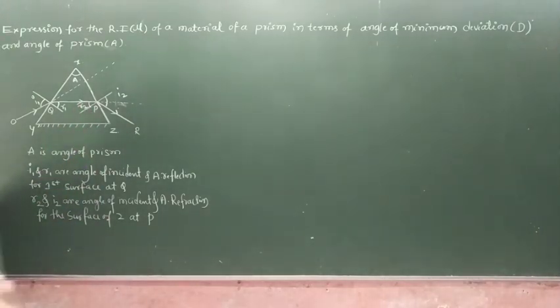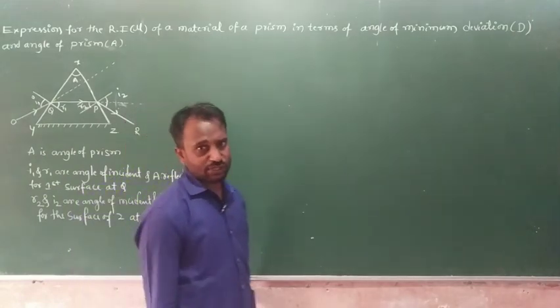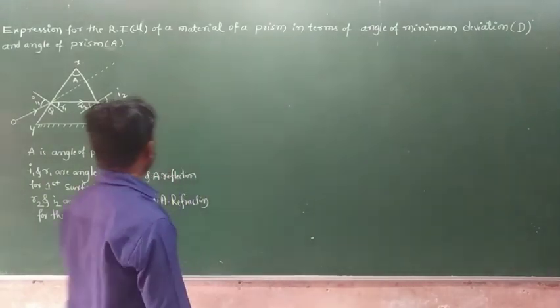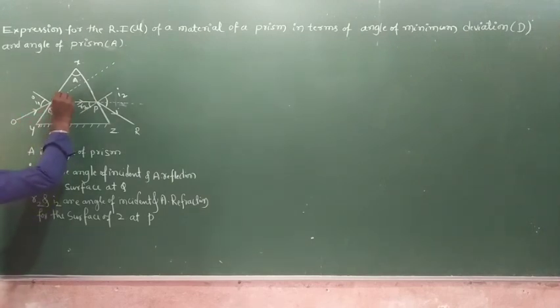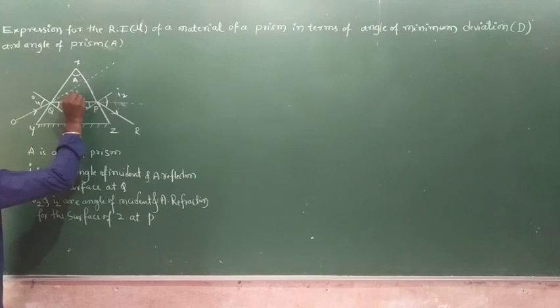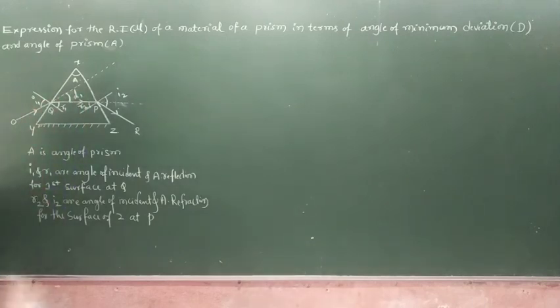Here, the angle of deviation. This one is the extended incident ray and this one is the refracted ray, so this angle we consider the angle of deviation D1.